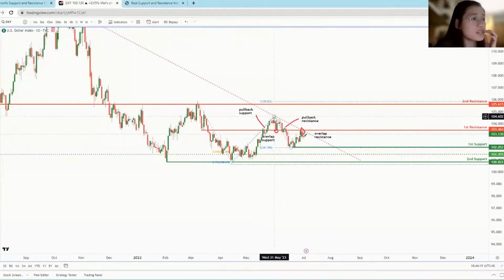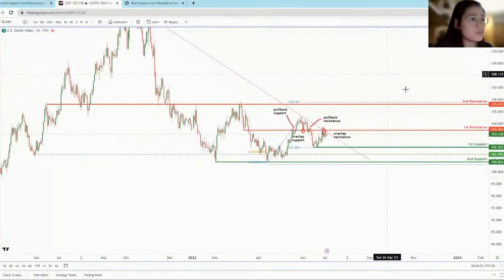Okay, and my 100% Fibonacci projection lines up with my second resistance as well.